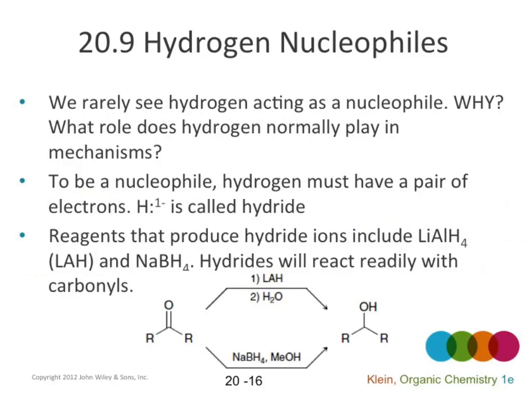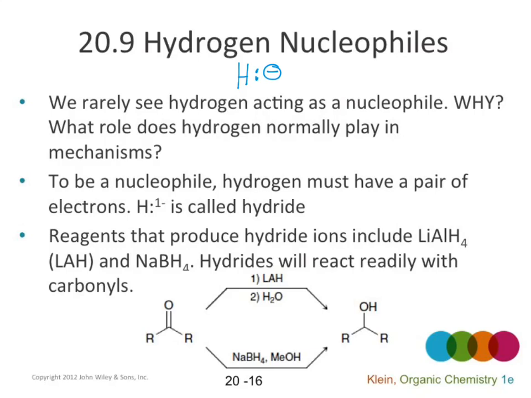What makes it a hydrogen nucleophile? We'd have to do H, lone pair, negative, right? Why is that not stable? It's negative, which is our first pass, but we knew that. The more primary reason why it's extremely reactive is it's extremely small.